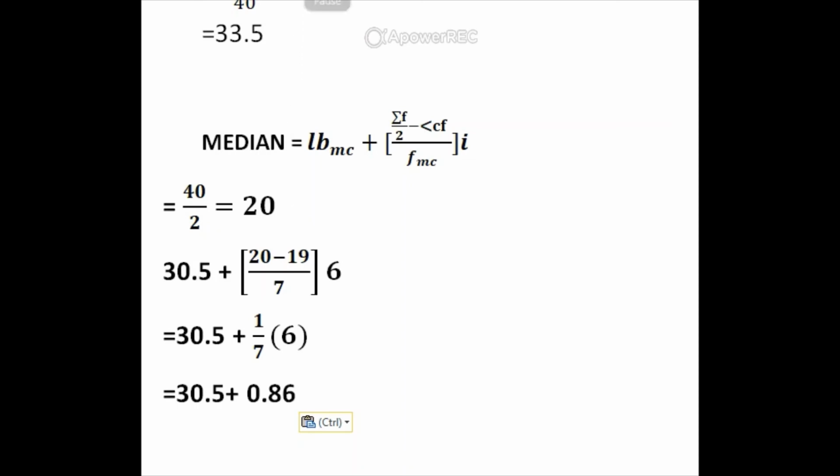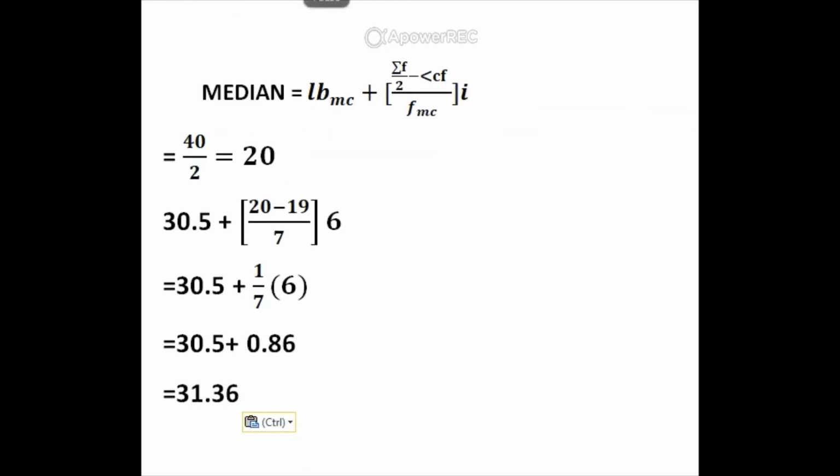Minsan, yung iba, ang ginagawa nila 1 decimal places. But I prefer na gumamit ng 2 decimal places. So we have 30.5 plus 0.86, and that results to 31.36, or 31.4. But either of those two are acceptable.